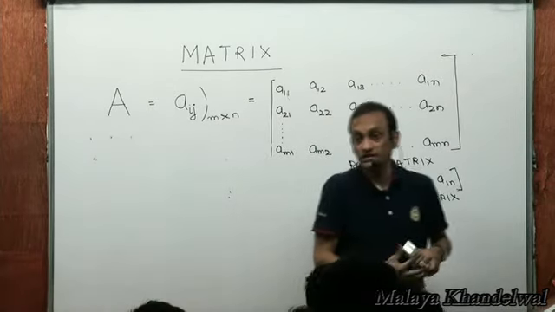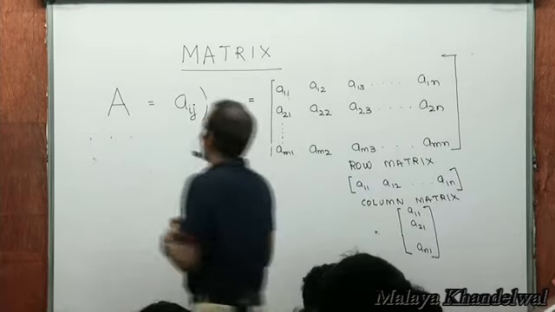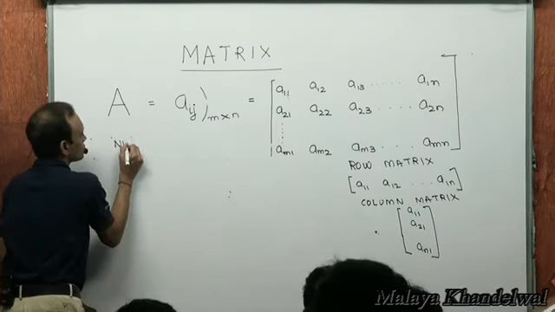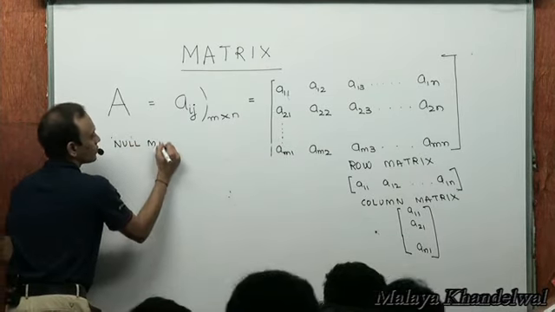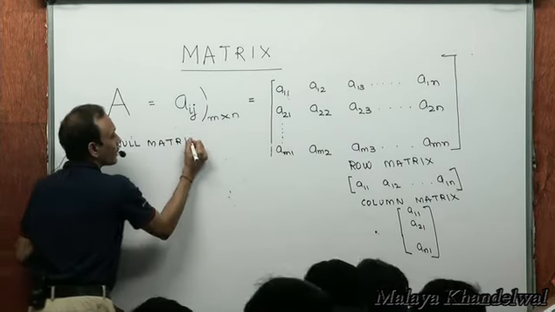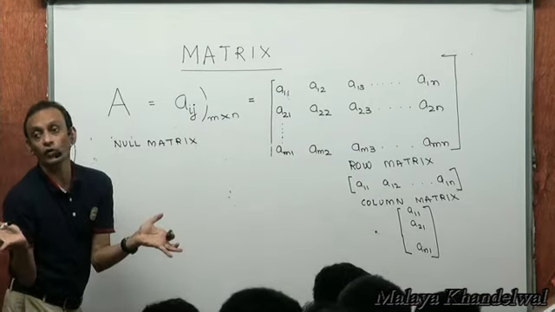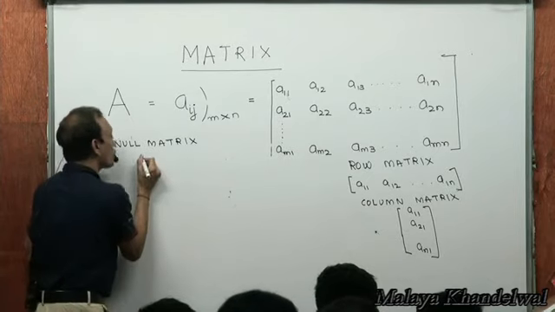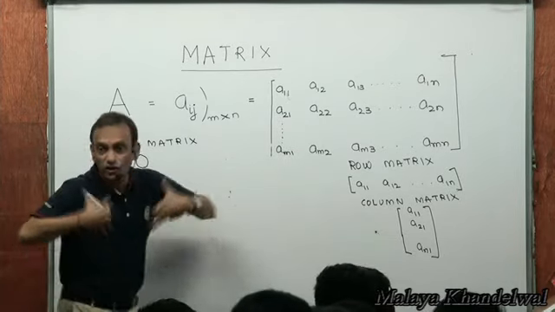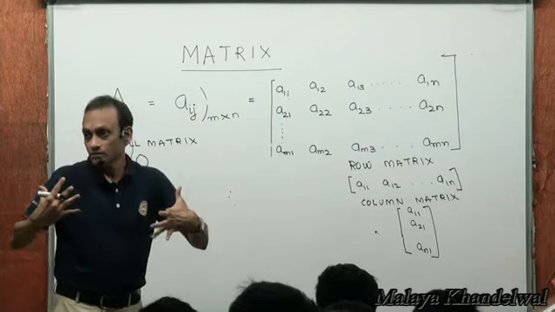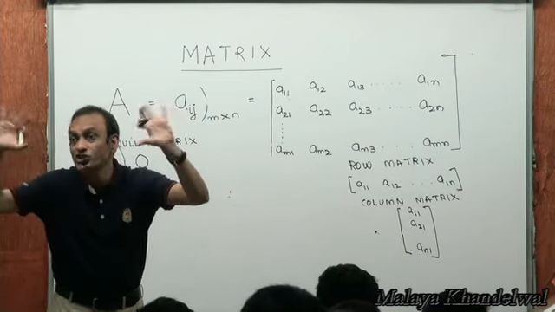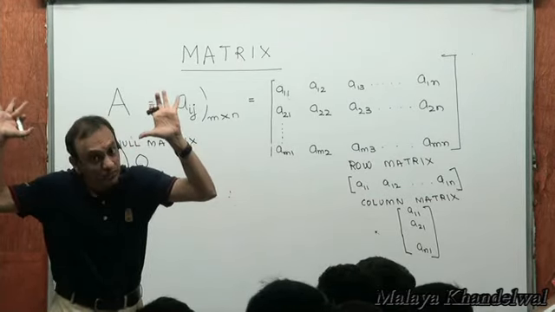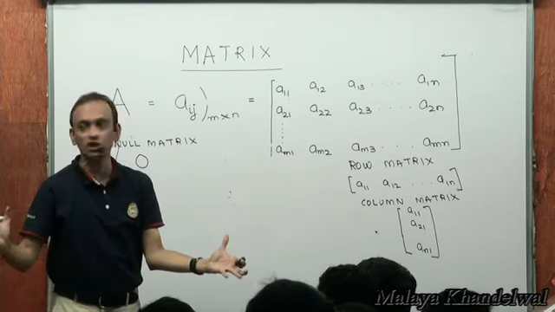A null matrix or a zero matrix has all elements 0, commonly designated as 0. This is not the value of the matrix. A matrix does not have a value. It's only a collection of elements, by the way. We can perform operations on that collection.